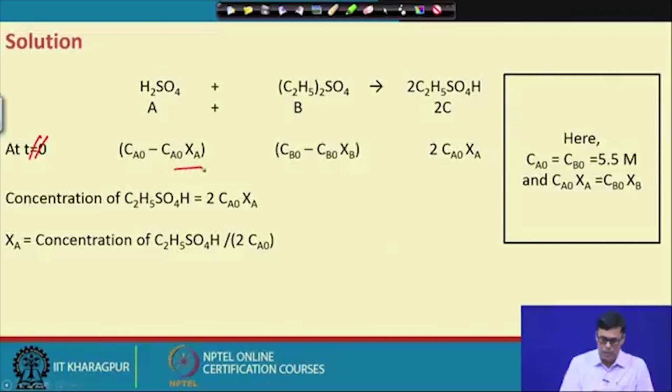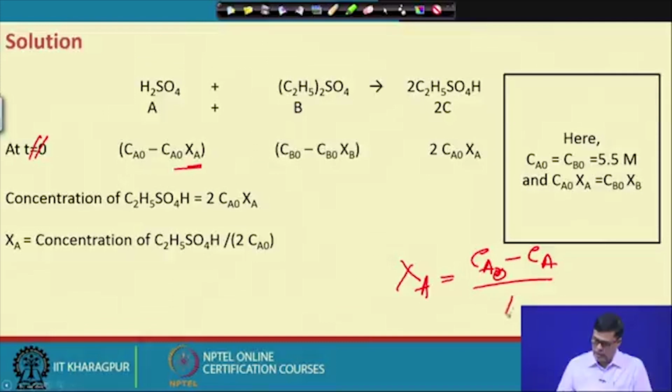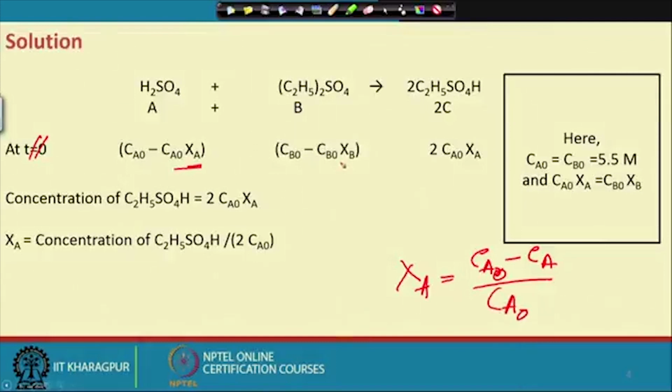Let us assume Xa is the conversion. I told you previously also, Xa is the fraction of the substrate that is converted, and this is what the product formation takes place from.